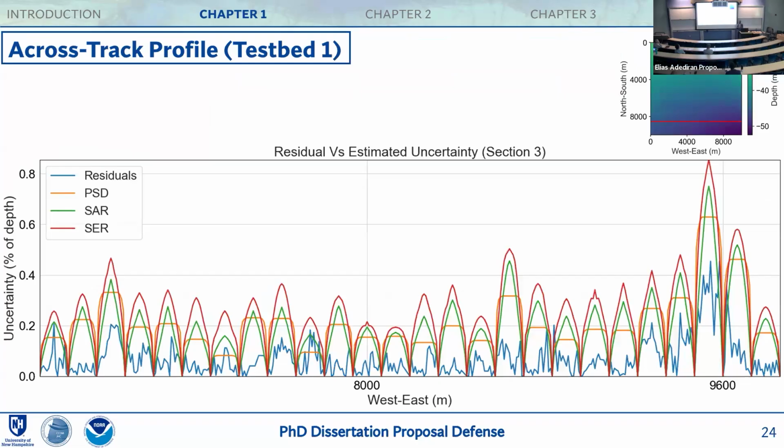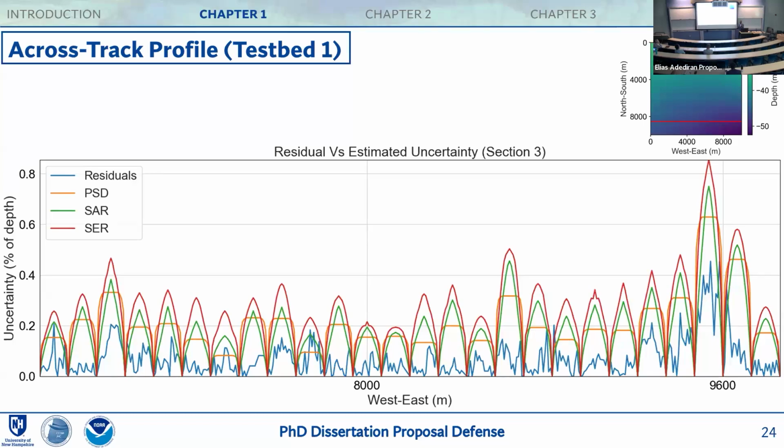To look at the surfaces more closely, if we take a profile across the testbed, the residual itself is the one in blue, that is what we are really targeting, and of what we've estimated, the PSD is the one in orange, the SAR is the one in green, and the SER is the one in red.